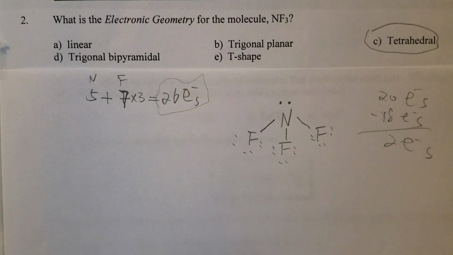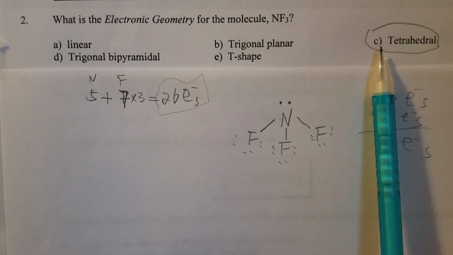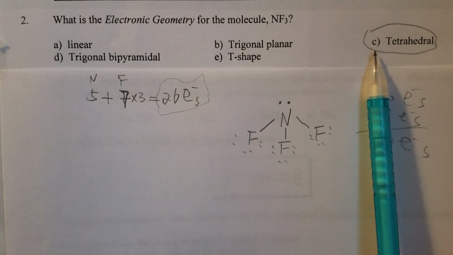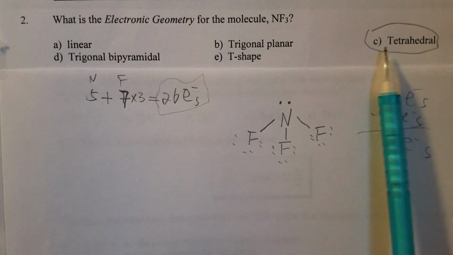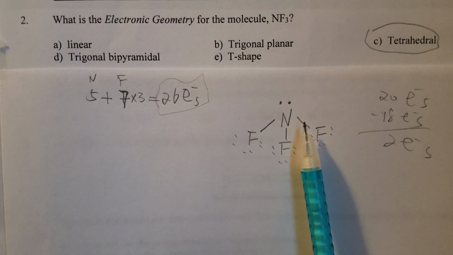Even though we have already solved this problem by now, I would like to ask an additional question. Let's say, what is the molecular geometry for this molecule? We know the electronic geometry is tetrahedral. But what is the molecular geometry?